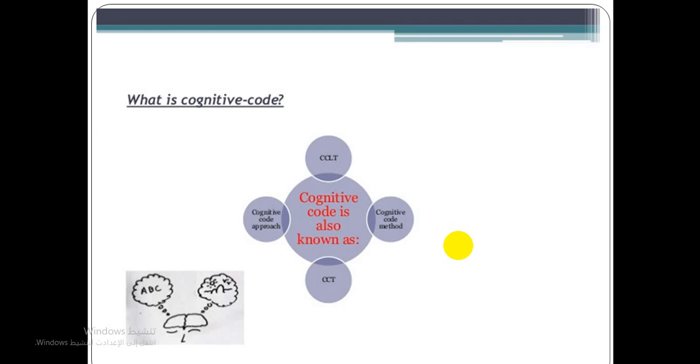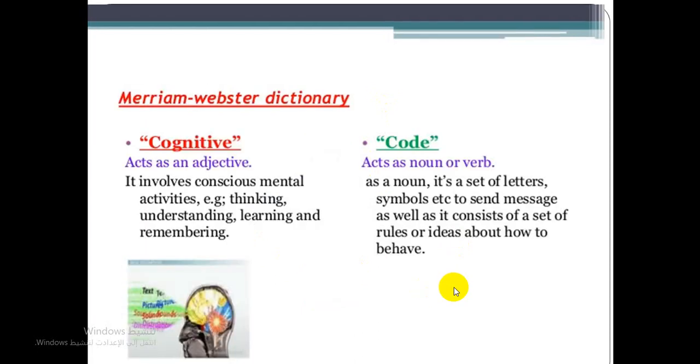Yes, what is cognitive code? Cognitive code is also known as cognitive code learning theory, cognitive code method, cognitive code theory, cognitive code approach. Yes, what is cognitive and what is code? Cognitive acts as an adjective in the sentence.